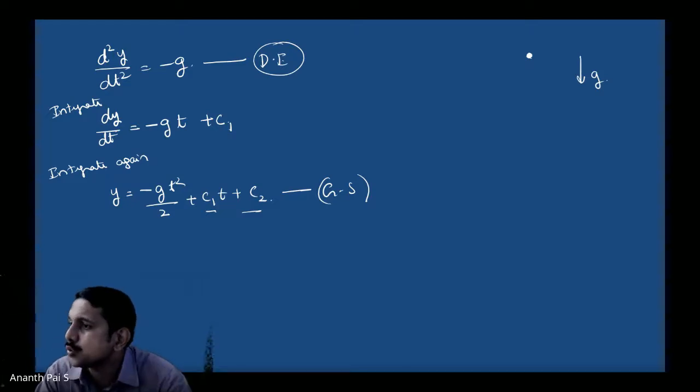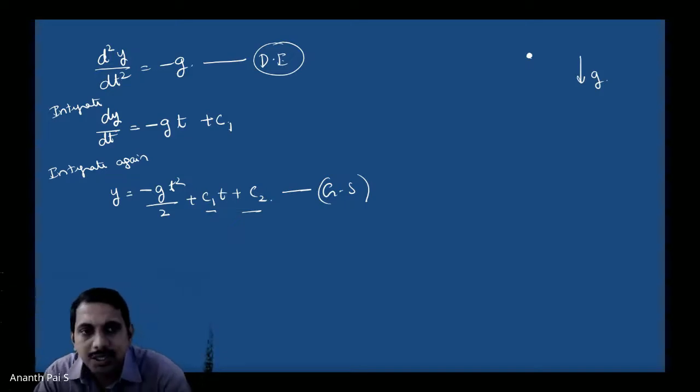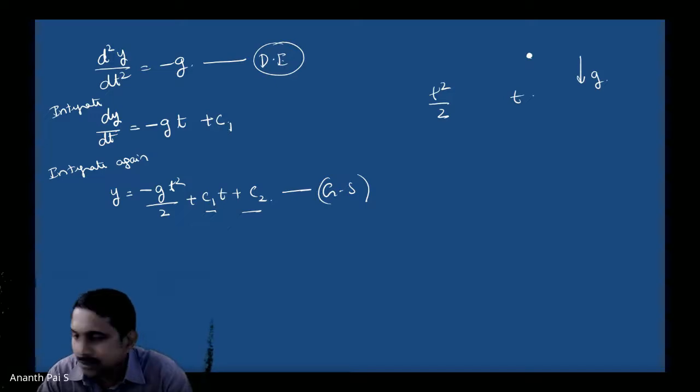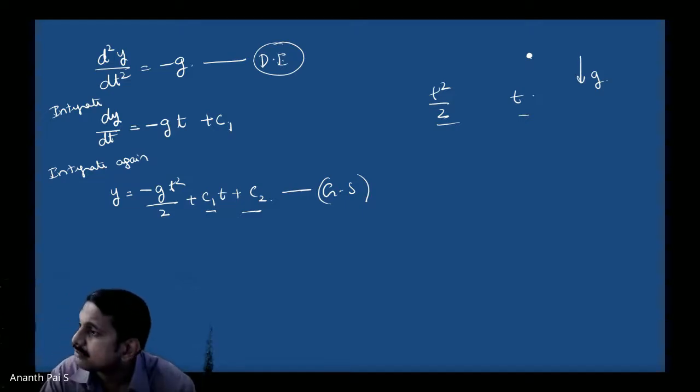These are the two solutions: t square by 2 is one solution and t is another solution. These are linearly independent solutions, because you divide one by the other, you get a function t. You don't get a constant. So combining two linearly independent solutions, we have got a general solution.